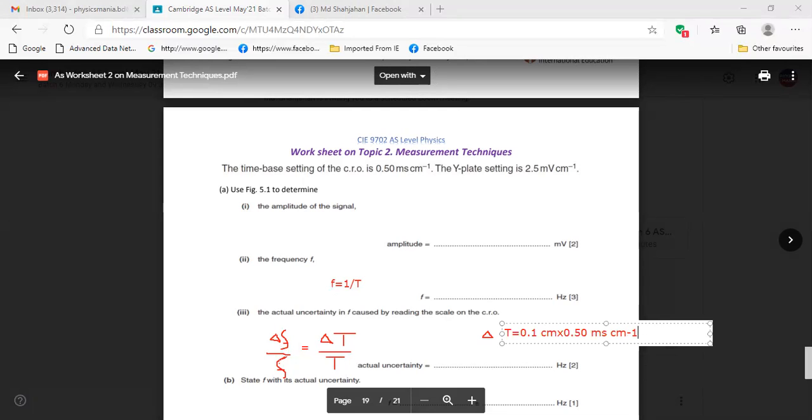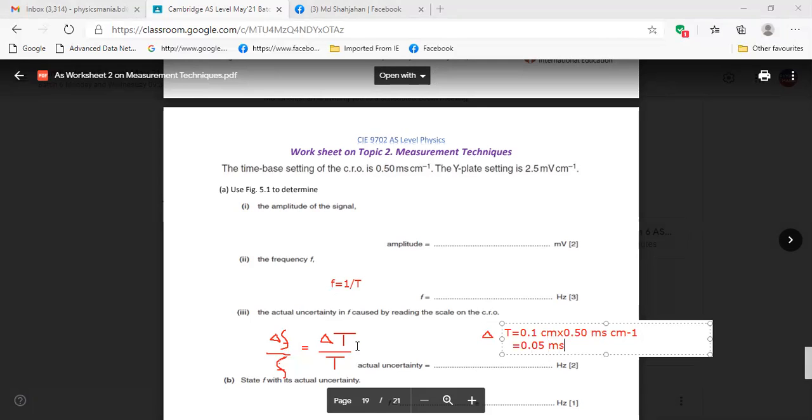Okay, if you calculate, what is coming? It comes 0.05. So we write here 0.05 millisecond, right?